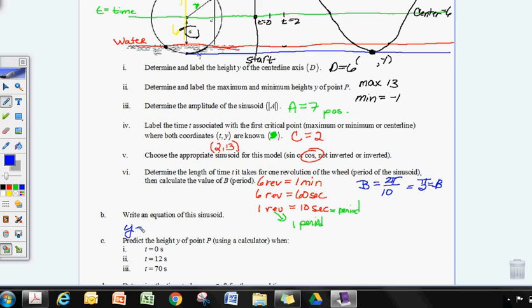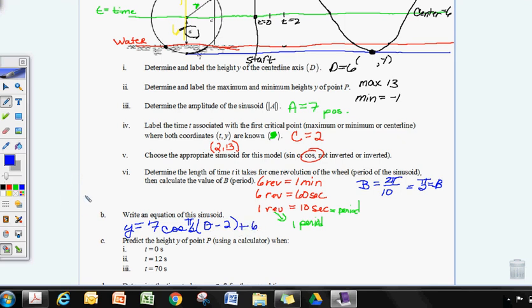Y equals, amplitude is 7. It's a cosine wave. And its B value is pi over 2. And you can write theta, subtract 2, and then plus 6.